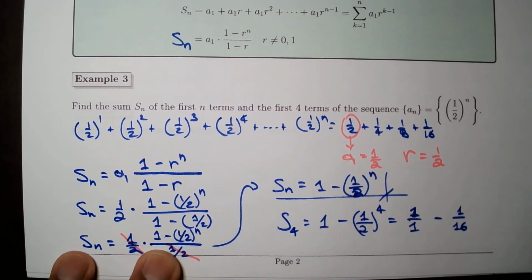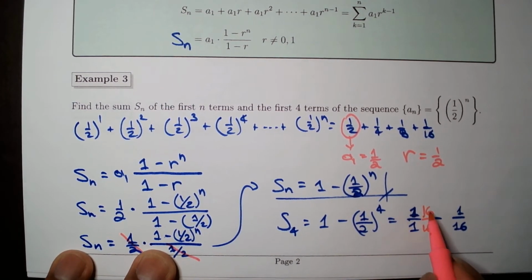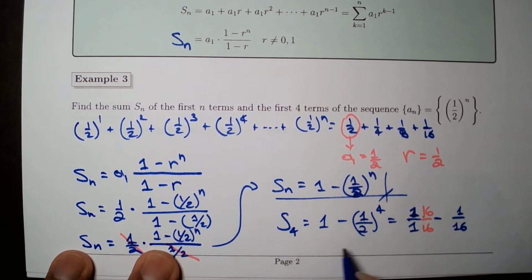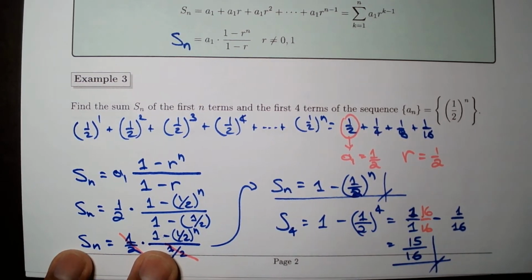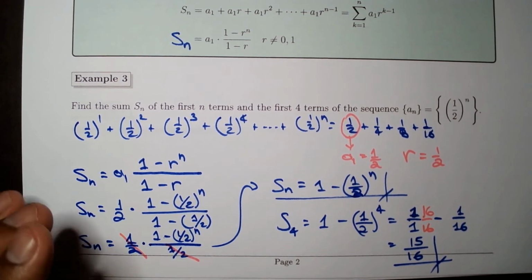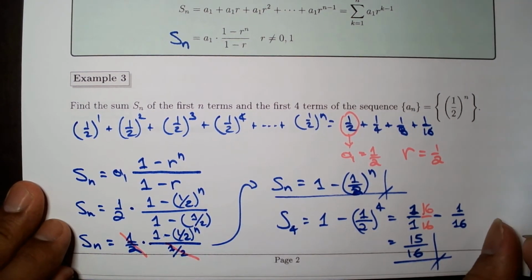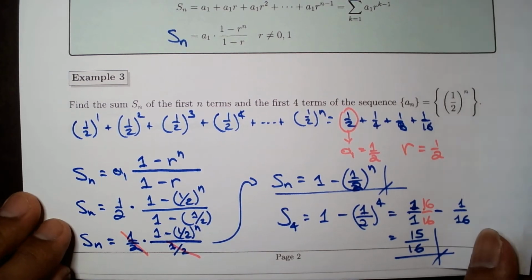The reason why I wrote it this way, so we have 16 over 16, is so we can have a common denominator. And 16 minus 1 is 15, and keep the denominator. All right, so that's another example of adding the first n terms of a geometric sequence.